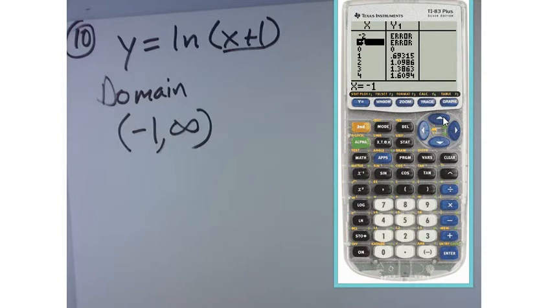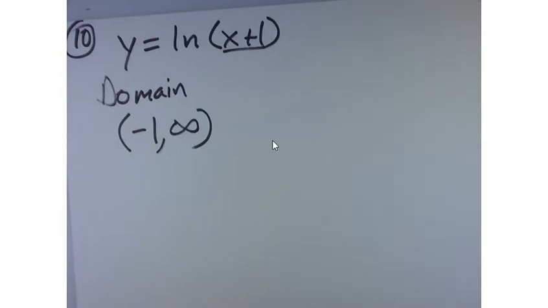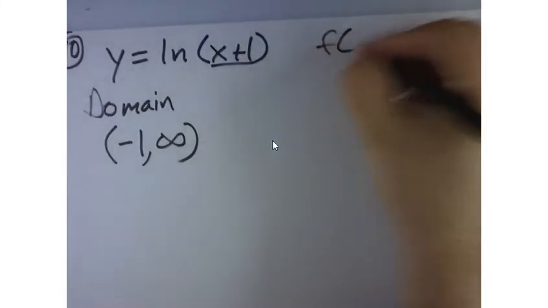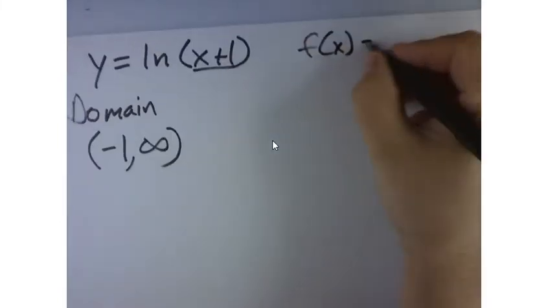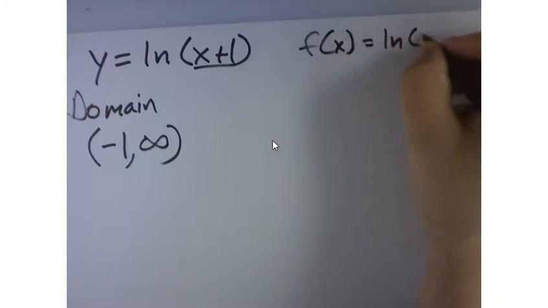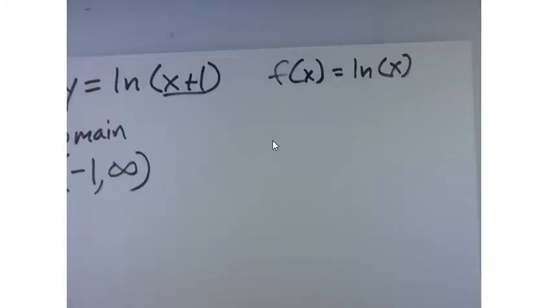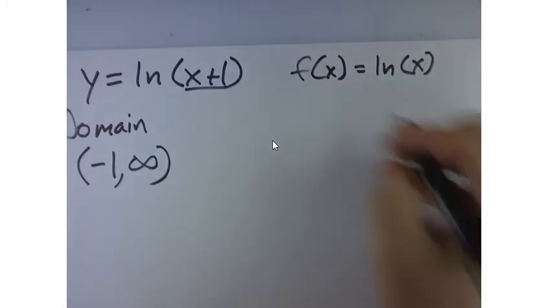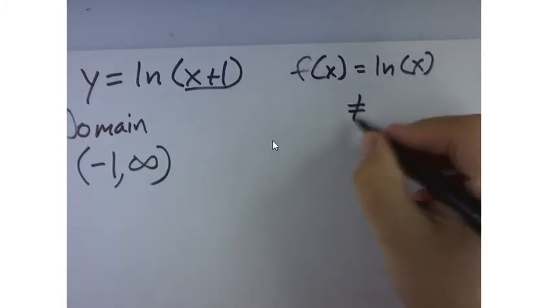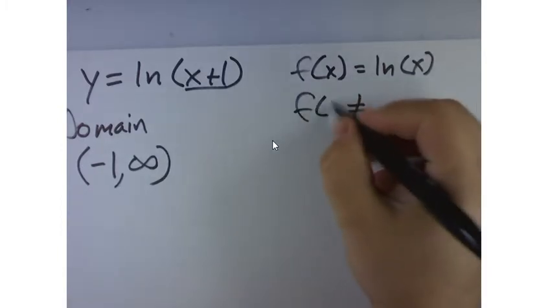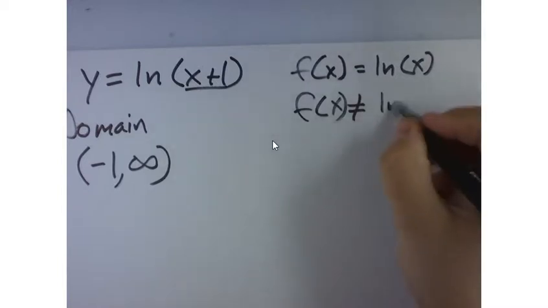Okay? And so let's look at that for a second. I kind of confused you guys a little bit. What I said is that f of x, if we think about the natural log of x, right? I cannot, this is not defined. I can't get a value of the natural log of 0.